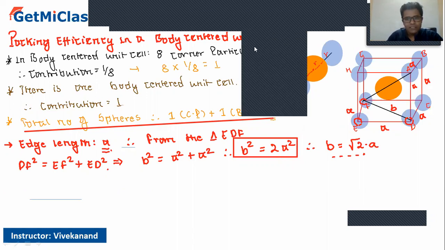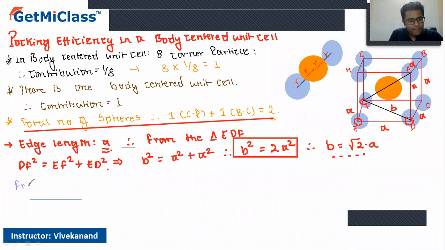Now, let's consider the next point, and that is from the triangle. Now let's shift to the triangle AFD. That means this particular portion AFD is what we are going to take into consideration. In this particular case, let us consider AF as c.